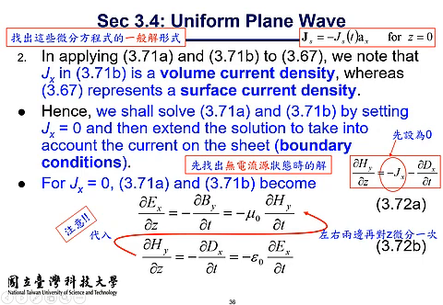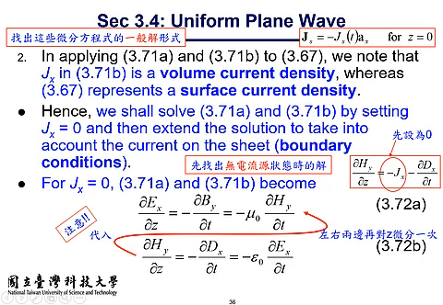For any other locations, there is no electrical current source for this problem. So the general solution is derived from the condition that there is no electrical current source. So we first set Jx equals 0. And this is valid for any place other than the position of Z equals 0.